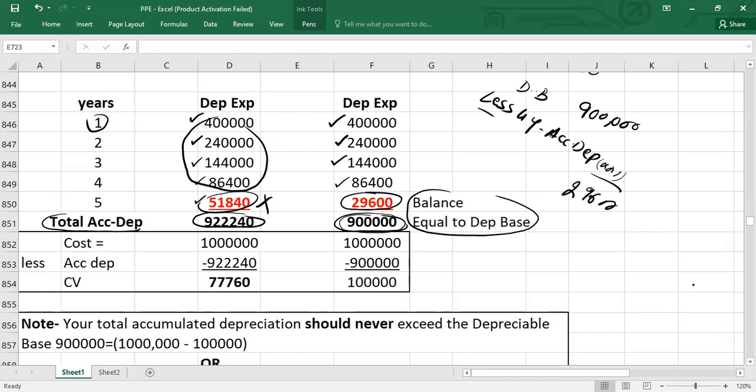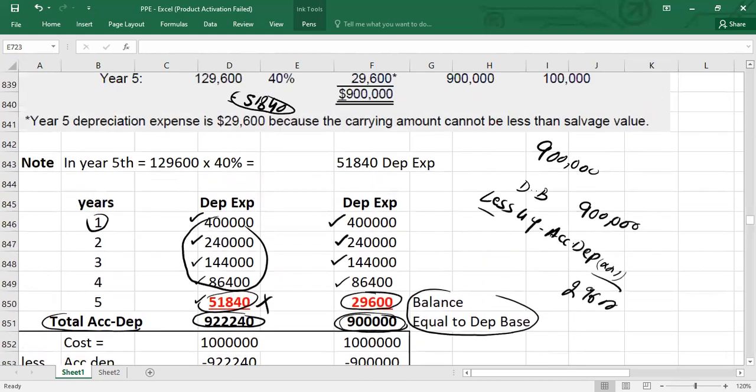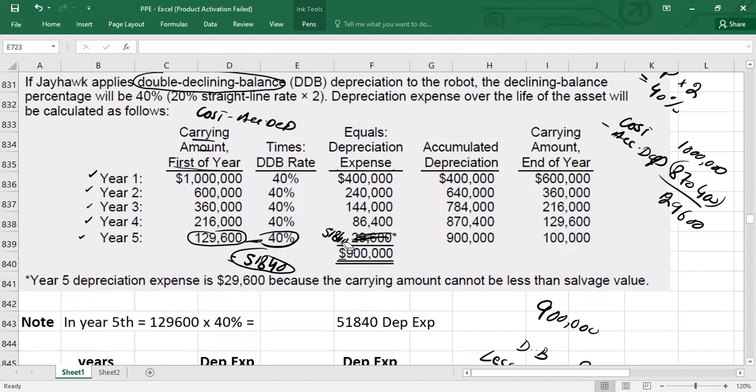And the second one, now look at here, what is the main thing. In the last year, as I told you, your asset carrying value should not be lower or below the salvage value. In the last year, what will happen, guys? Let me show you from the above calculation. In the last year, your cost of asset was 1 million minus accumulated depreciation, which will be exactly equal to the depreciable base 900,000.